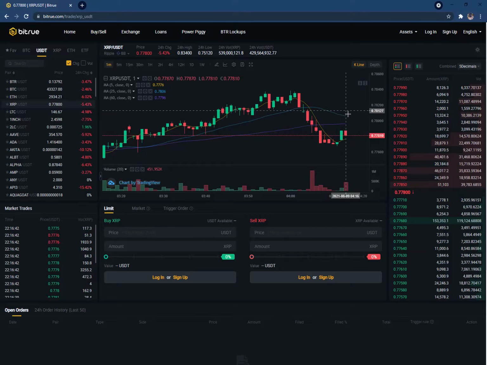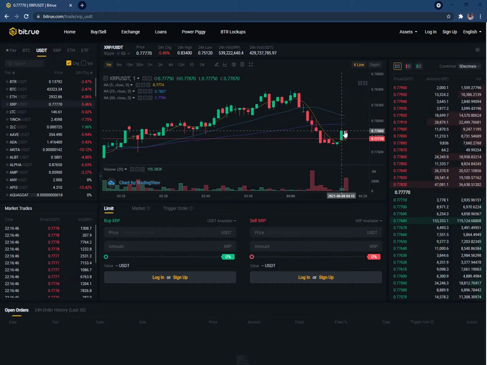If it would have jumped up to 78.2 here and then back down and then closed at this 77.8, it would have left that long wick out there.